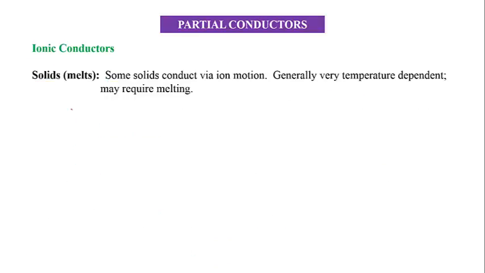There's another type of ionic conductivity, and that has to do with solids. And some solids, when you heat them up, they might be just about to melt, or even when they melt, conduct by ion motion. This is extremely dependent on temperature, and like I say, it may require melting of the material to actually happen.